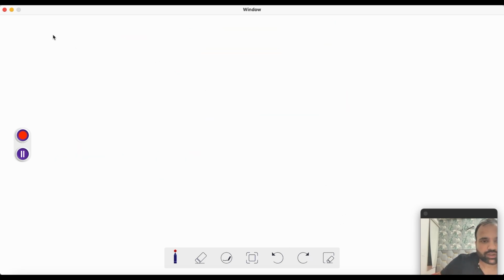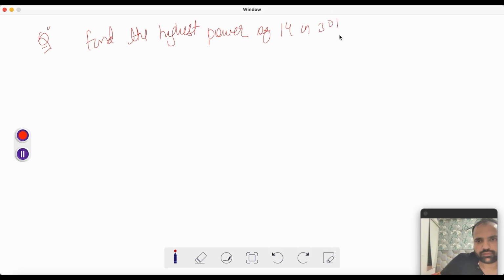Now coming back to the highest power thing, we can do a couple more questions. Find the highest power of 14 in 30 factorial.